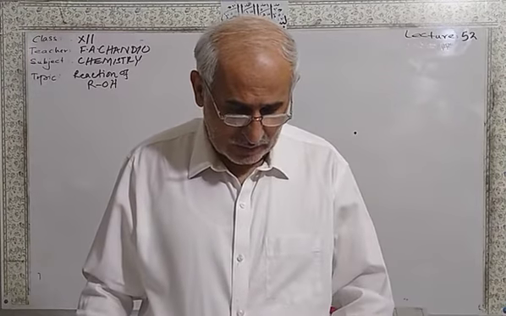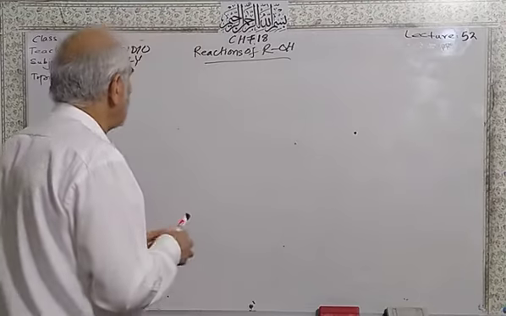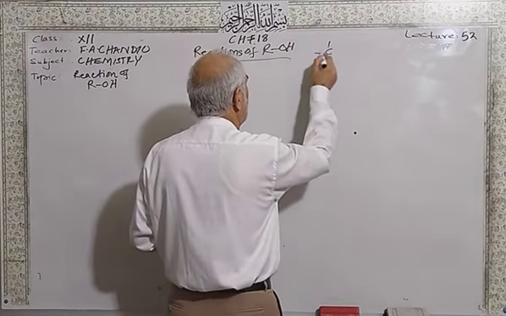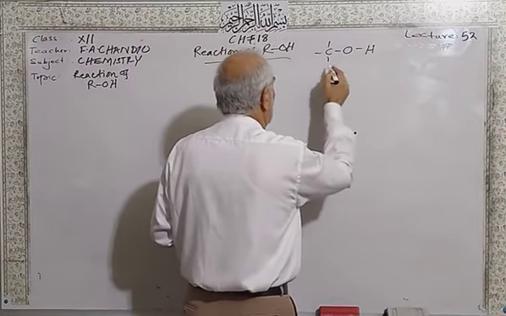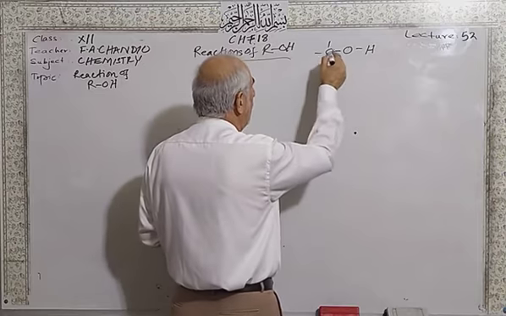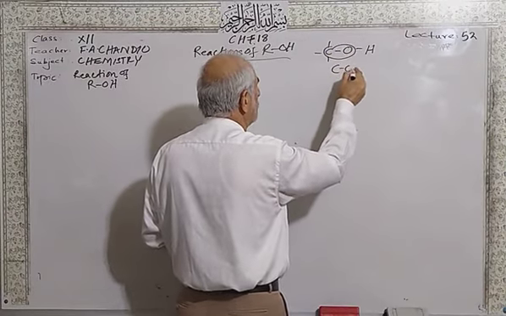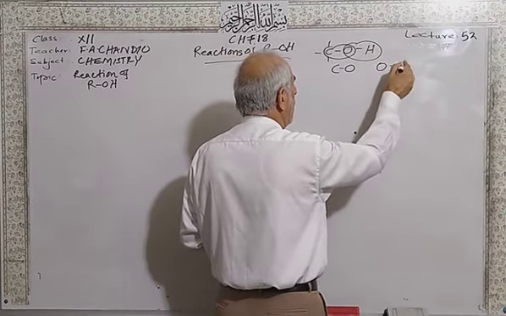Now, alcohols with other reagents. Yesterday I told you there are two kinds of bonds involved in alcohol. One is the carbon-oxygen bond and the other is the oxygen-hydrogen bond.